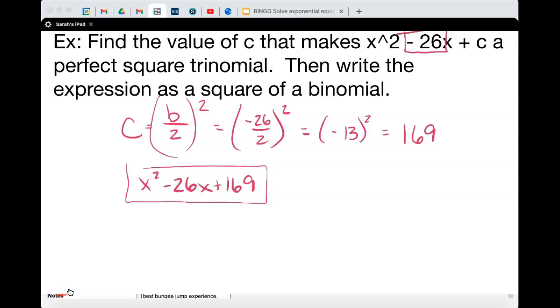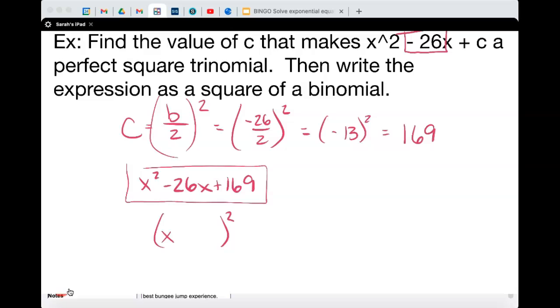We're doing the second part of the question now: write the expression as a square of a binomial. So you want two terms inside parentheses to the second power. You want to get rid of the x squared, which means you have to square root the first term.